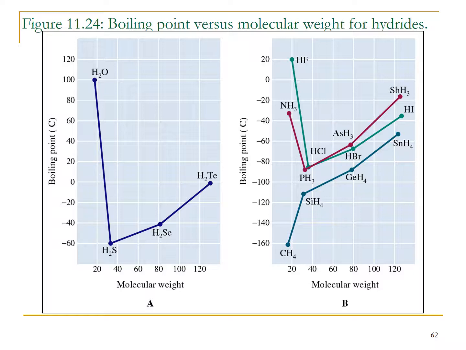But again, because HF, NH3, and H2O all have that hydrogen bonding, those molecules have abnormally high boiling points because they have such strong interactions. Even though they're smaller molecules, the hydrogen bonding makes them very high. So that's an important thing.